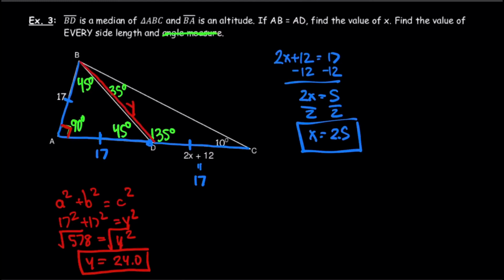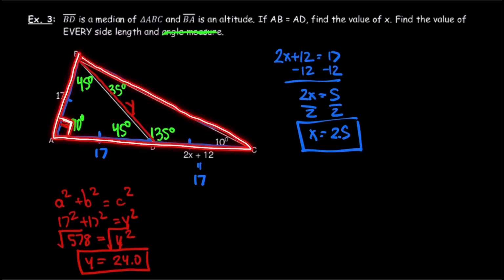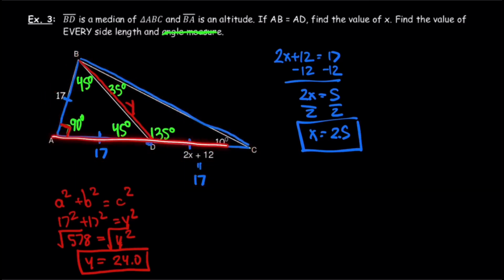All right, and finally, side BC. Side BC is also part of a right triangle. Look at the triangle I'm highlighting here. This is still a right angle, but now my 2 legs are going to be 17 and 34 because I have to put these 2 together for this whole side. So it's going to be similar. I'll use blue here, I guess.